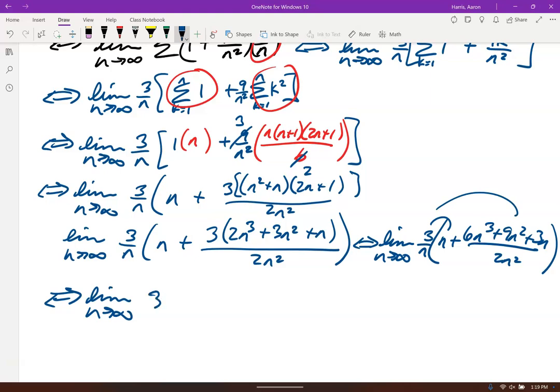So I'll have 3 plus 18n cubed plus 27n squared plus 9n. This is all over 2n.